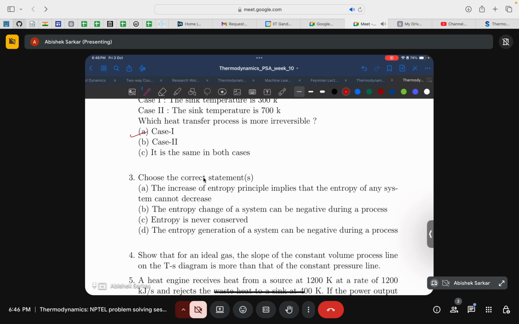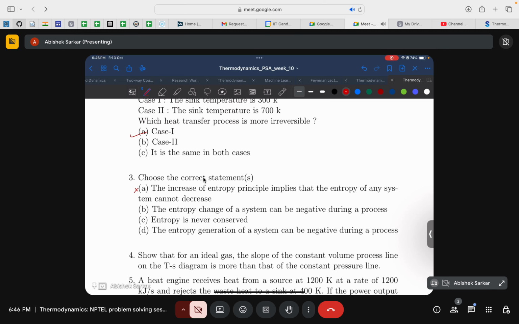This is not correct, because the entropy of any system can decrease. If there is a heat transfer out of the system, then the entropy can decrease. So this statement is incorrect.